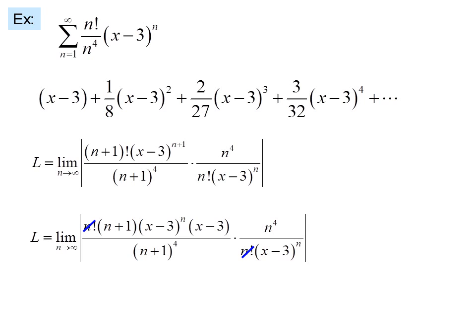Now we can cancel n factorial and x minus 3 to the n. The x minus 3 factors out of the limit because it does not contain an n, and we get the absolute value of x minus 3 times the limit as n goes to infinity of n plus 1 times n^4 over n plus 1 to the 4th.